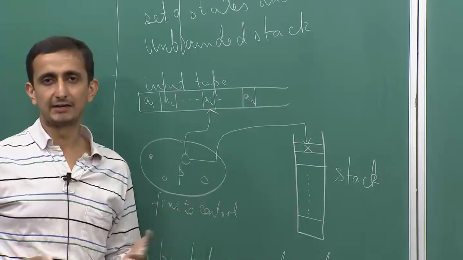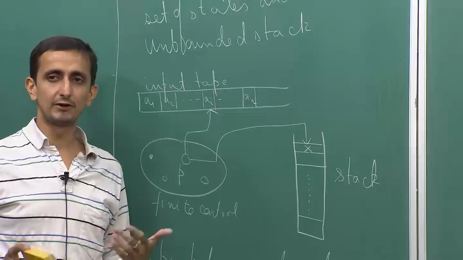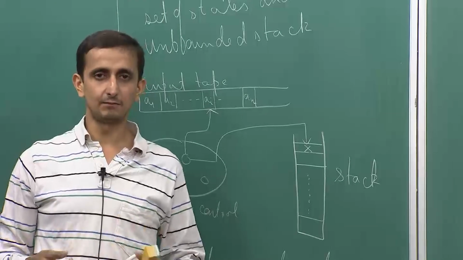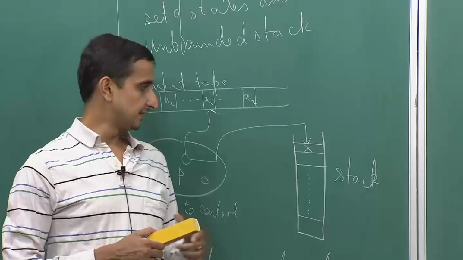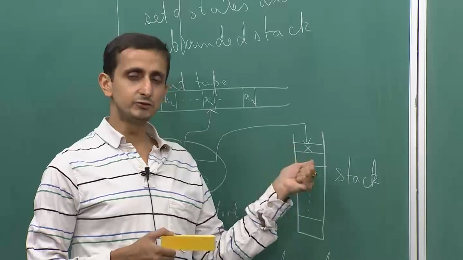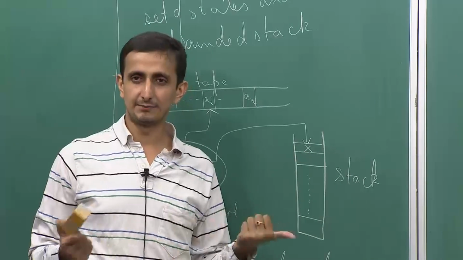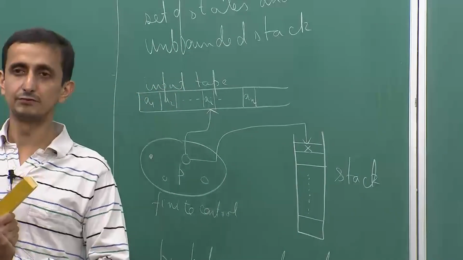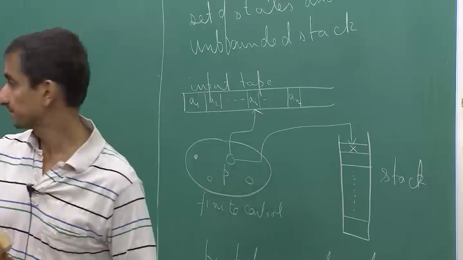Of course, it can have the same set of symbols, but we will allow it to have its own alphabet, which is called the stack alphabet, and it is usually represented with capital gamma, and the symbols in the stack alphabet we will usually denote with capital X or capital Y or capital Z or something like that. Okay. So, that is the usual convention which we will follow for our lectures. Okay.